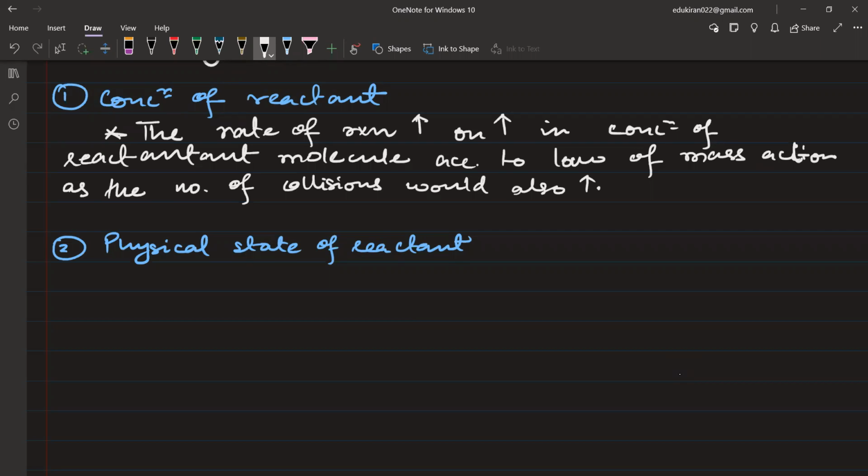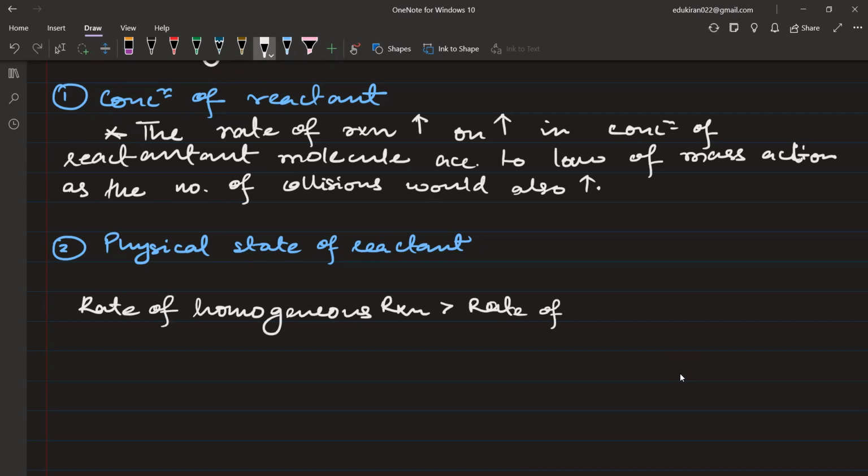So for homogeneous reaction, please write: rate of homogeneous reaction is always greater than rate of heterogeneous reaction.